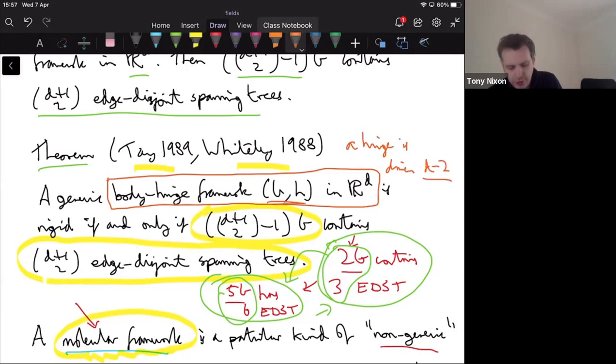In the body hinge framework definition, in dimension D, a hinge has dimension D-2, so it's like a pin in the plane, or it's a line in R3. So I thought what Sean was saying was you take the same graph G, and because this turns 2G into 5G, you can turn the combinatorial condition of having the spanning trees from dimension 2 to 3, say, by moving from 2G to 5G.